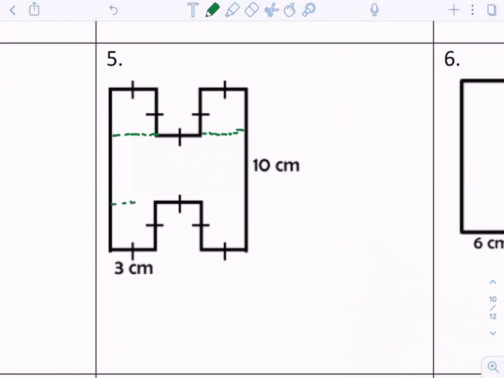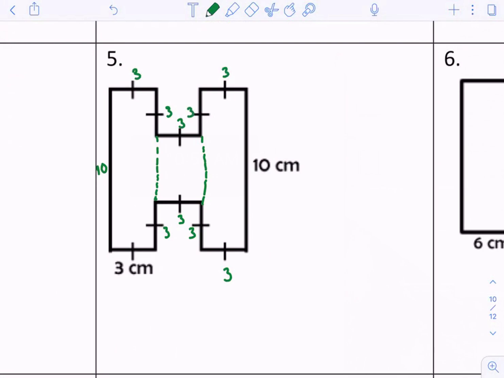So I like to go the least amount of recognizable shapes possible. But that's a preference. Plus, using the information they give us, we already know that the height is 10, and we know that the base of each rectangle is 3, because all of those markings indicate the same length.